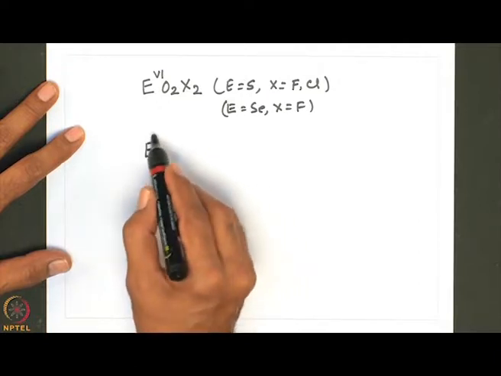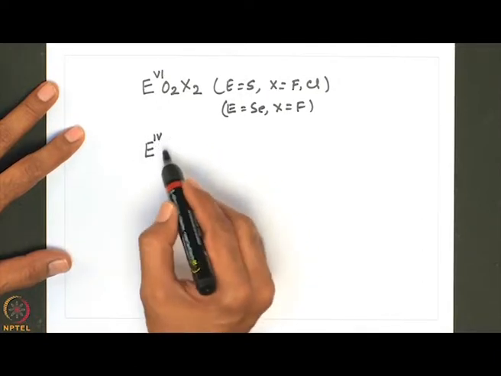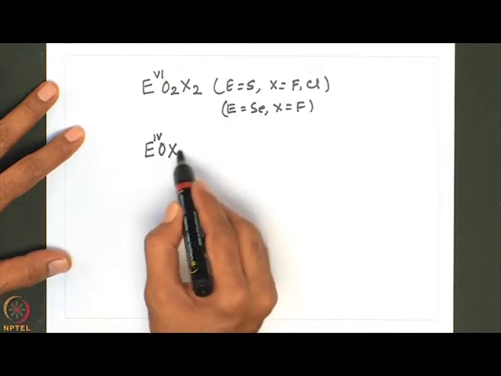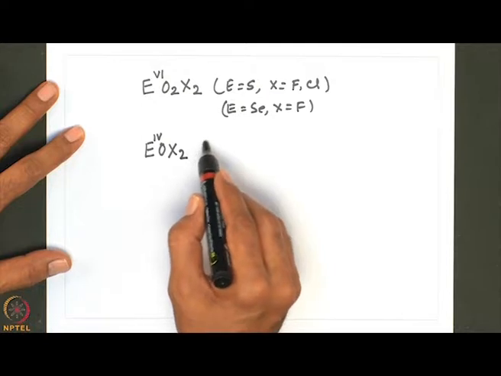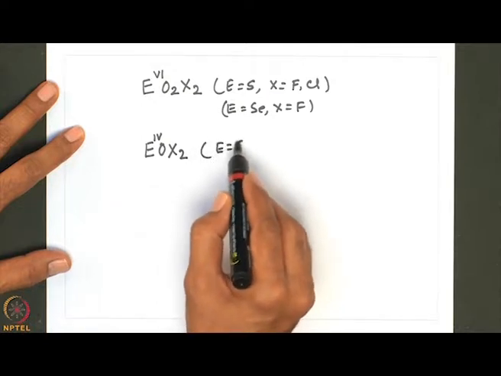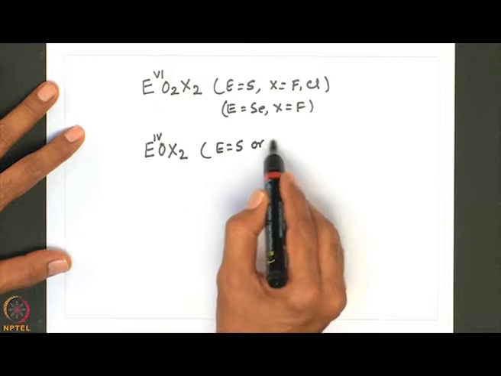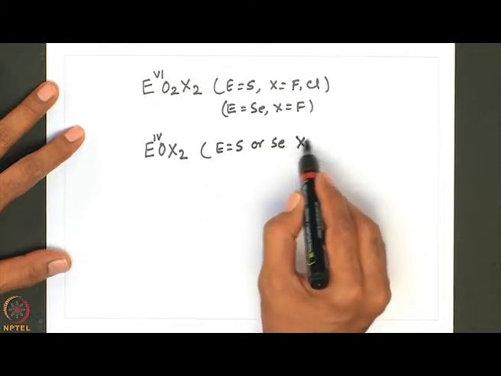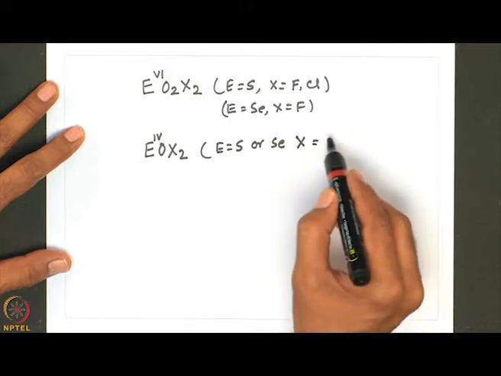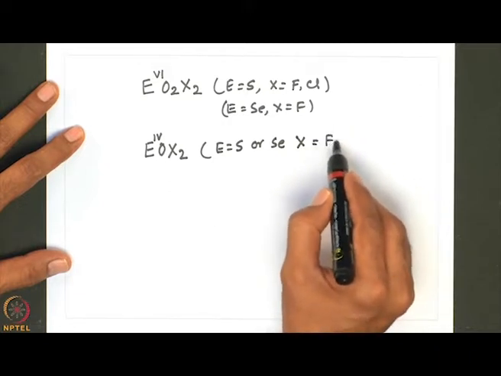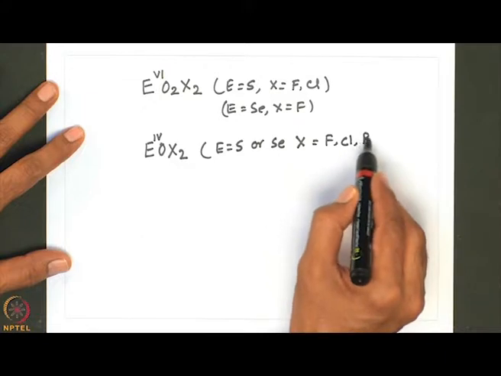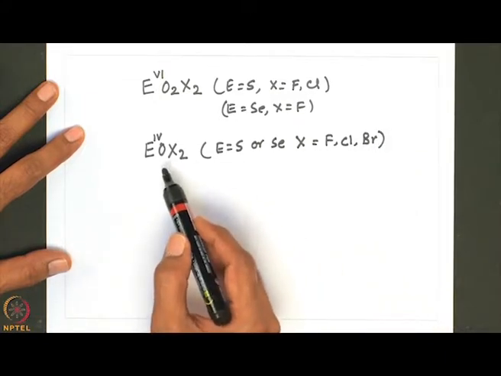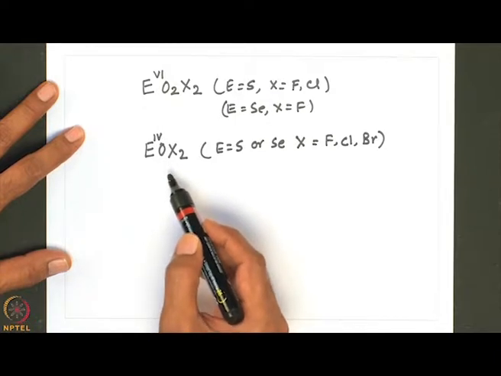Oxychlorides with chalcogen in its plus 4 oxidation state are also known. They are EOX2, and here again when E equals sulfur or selenium, halides such as fluorine, chlorine and bromine are known. That means SOCl2, SOF2 and SOBr2 are known.